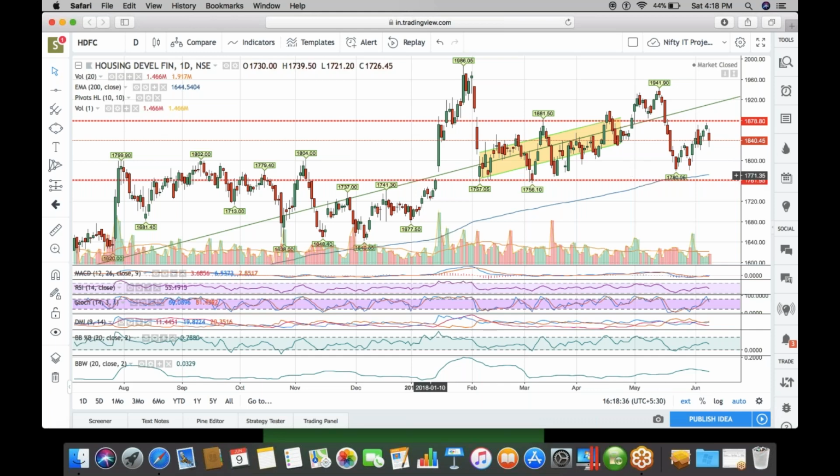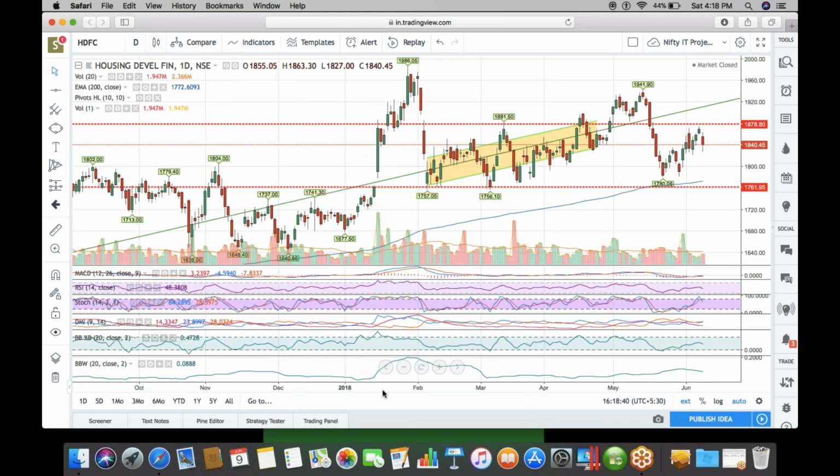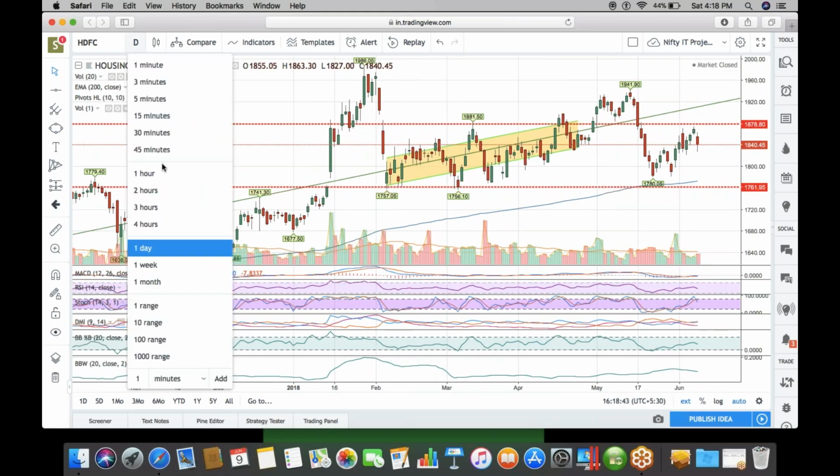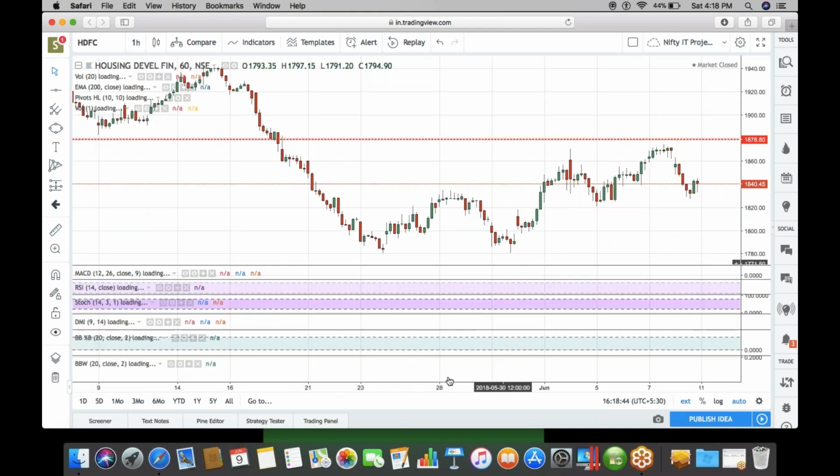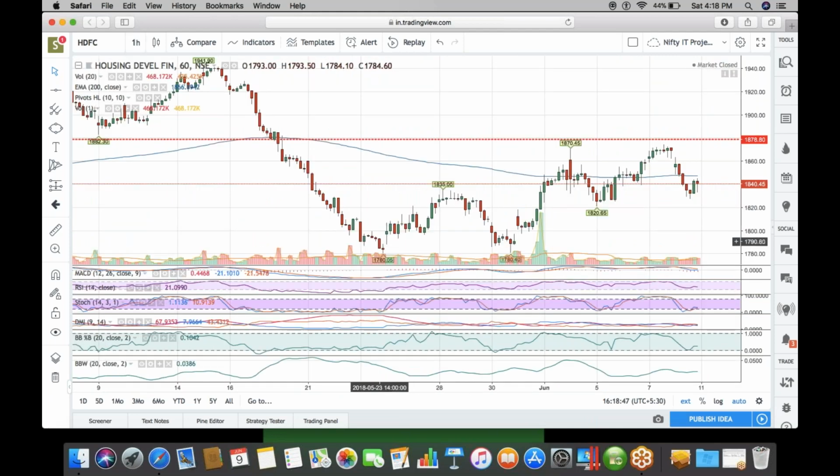minor trend. What is the minor trend? It is basically for a few days. Try to analyze the hourly chart. Now see, this is 23rd of May. Again it is making higher highs, higher lows.